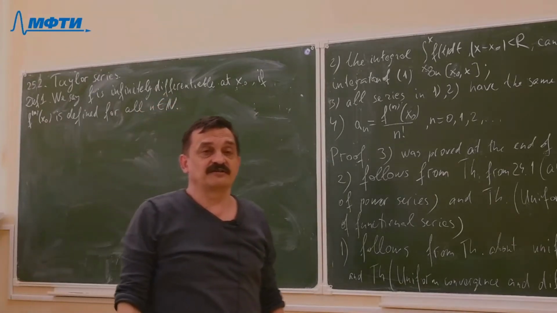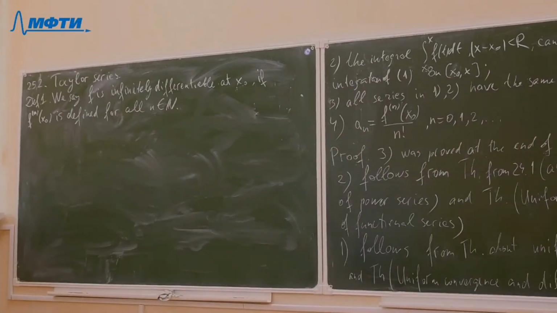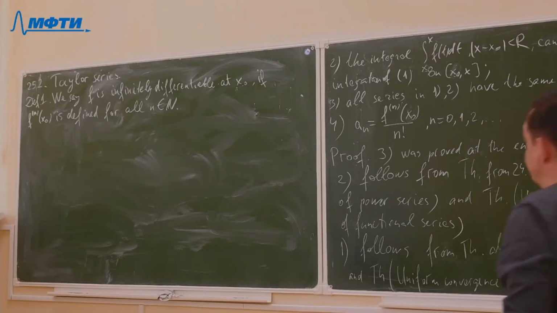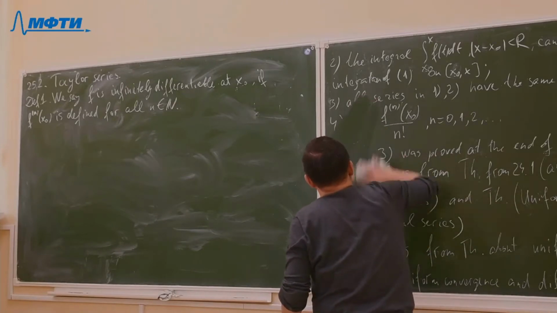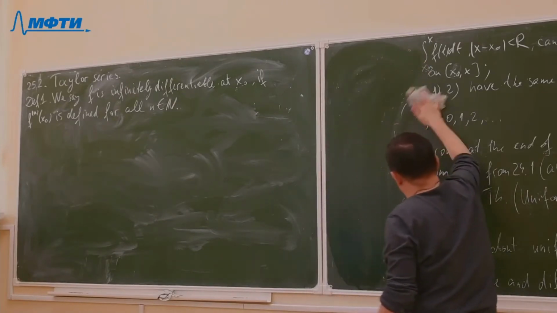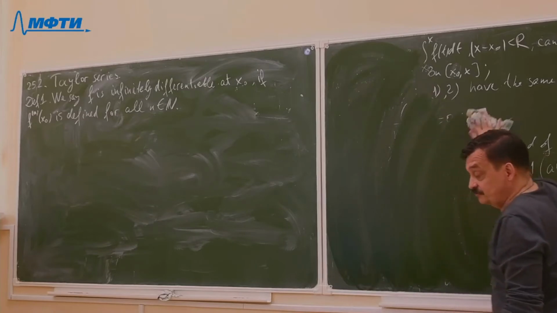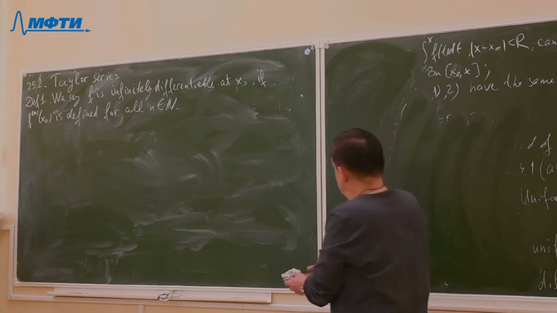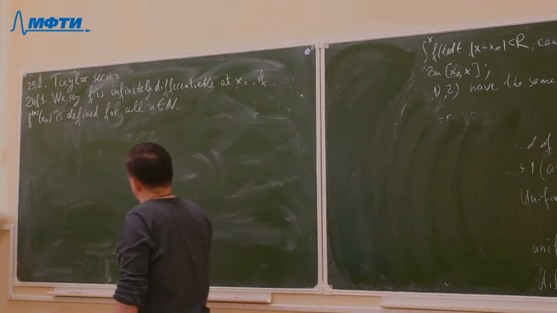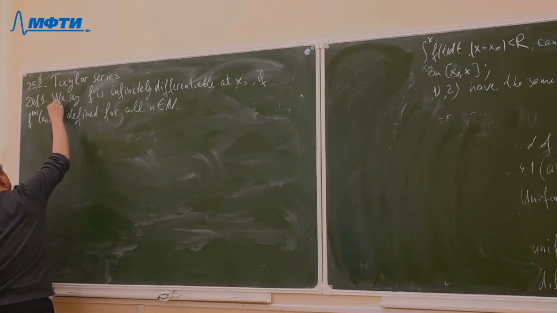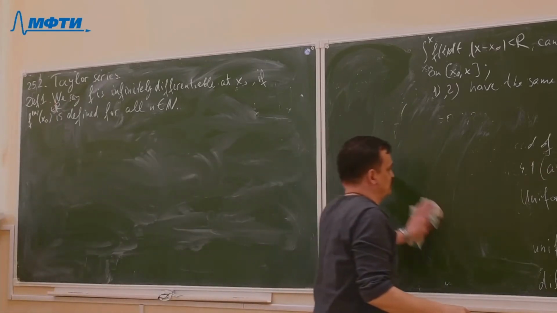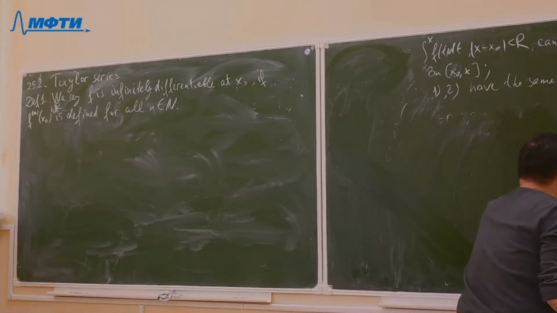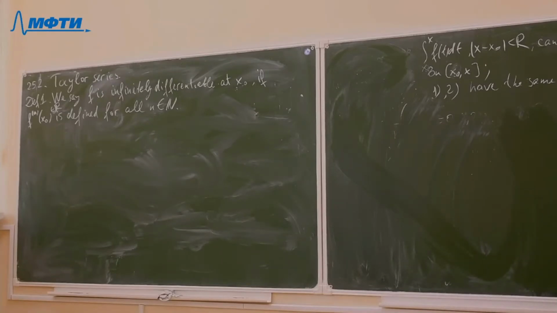So infinitely differentiable means differentiable as many times as we want. It doesn't mean that the derivative is infinity, no. It's defined, of course, in R. Finite derivatives only are considered, not infinite.